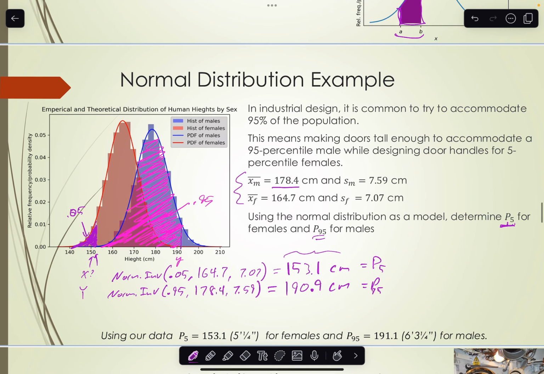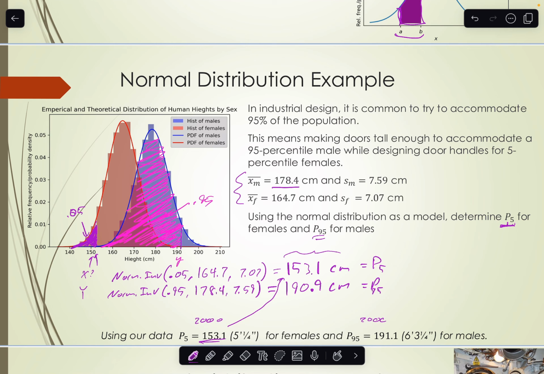Now, given the actual data that I had, which was, I think the N was 2,000. I think I had 2,000 male and female heights. And among that, the fifth percentile was 153.1 for the female, so that's exactly the same as what our model produced.